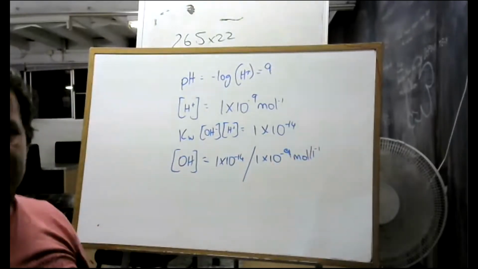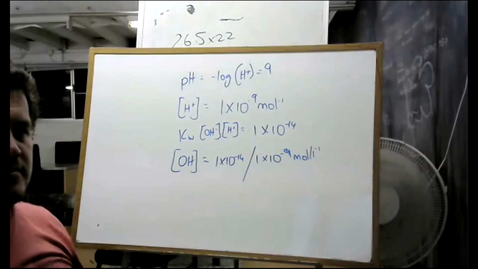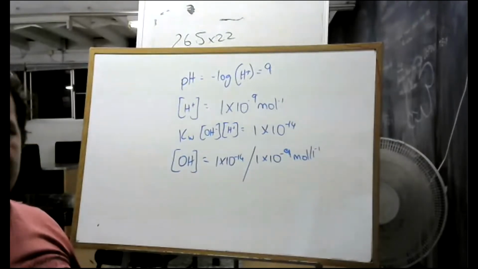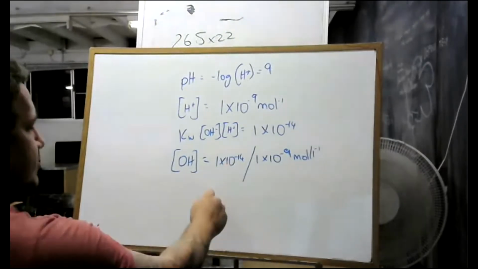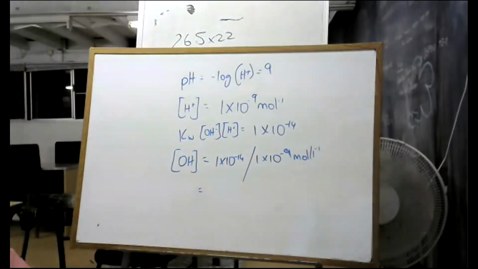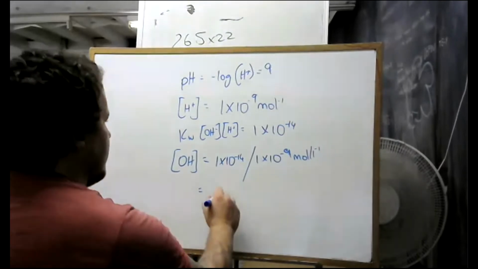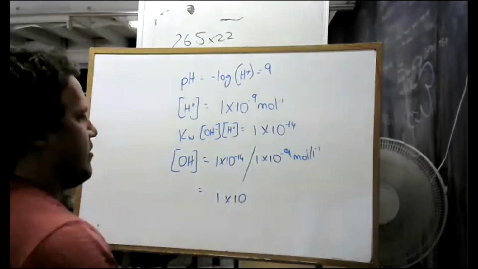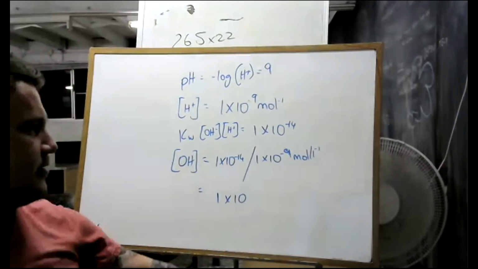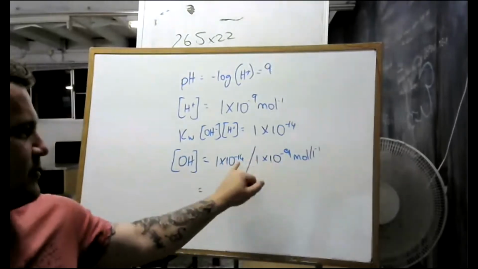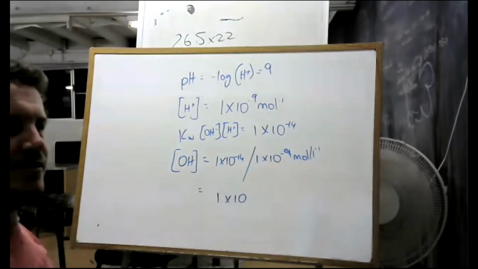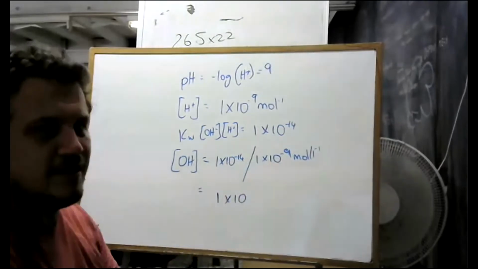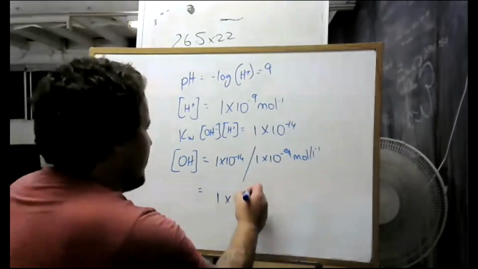What does that give us? Here we were just doing 1 times 1 is 1. If you're doing indices, power of negative 14 over power of negative 9, we would have a power of negative 5.